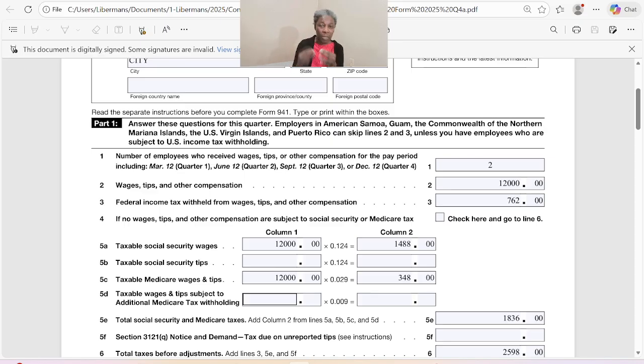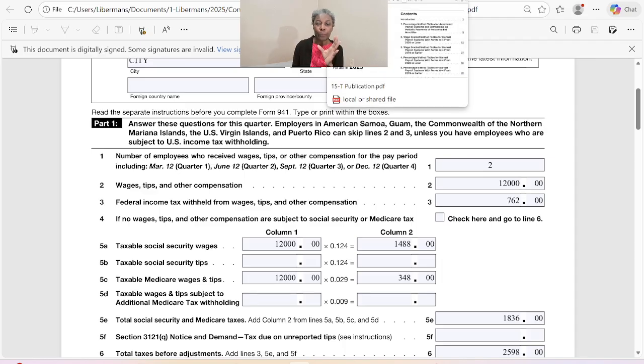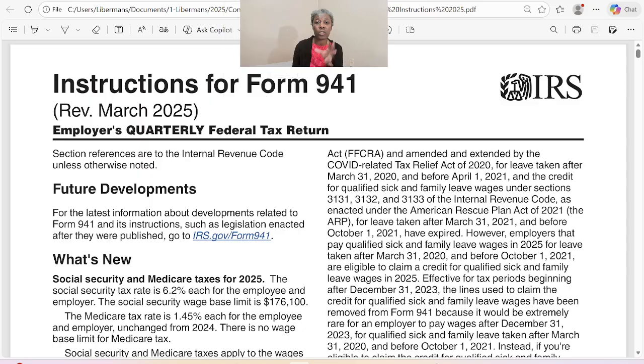We do not have additional Medicare tax here. Additional Medicare tax only comes from the employee's salary when it reaches a certain maximum. The instructions have information on it.